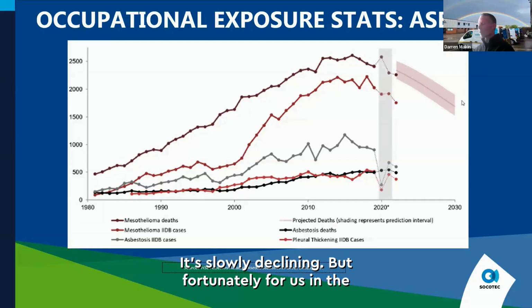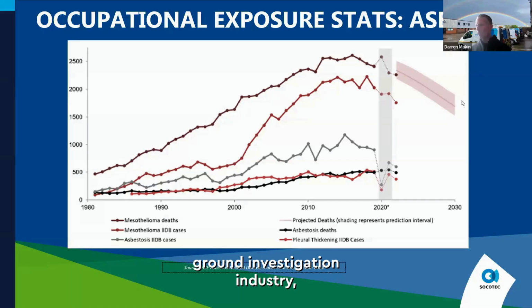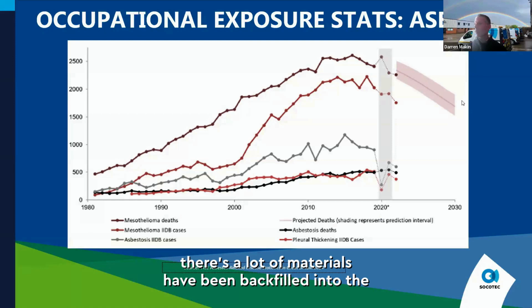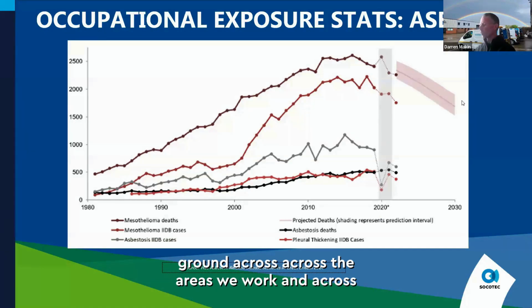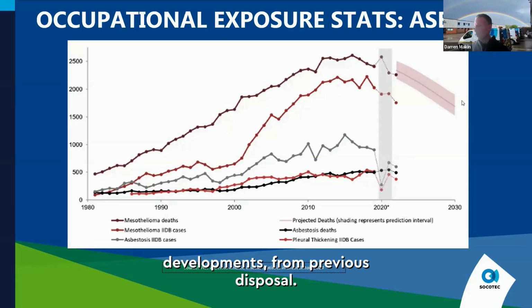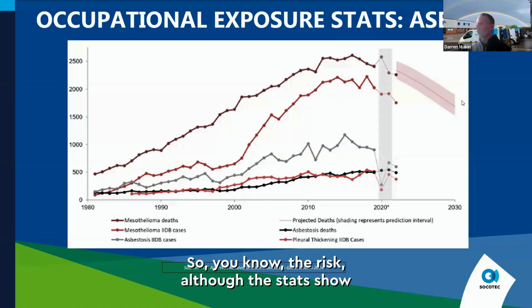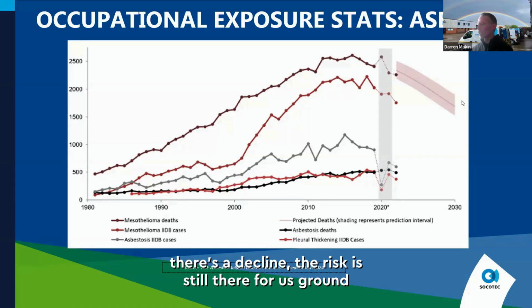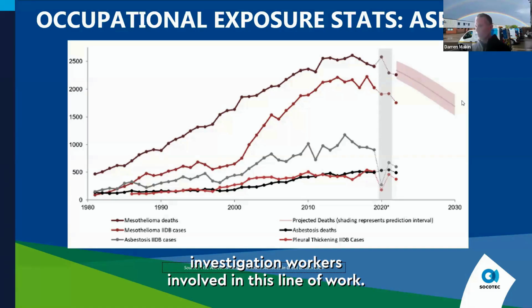But unfortunately for us in the ground investigation industry, a lot of materials have been backfilled into the ground across the areas we work, which may still contain asbestos from previous developments and previous disposal. So although the stats show a decline, the risk is still there for us ground investigation workers involved in this line of work.